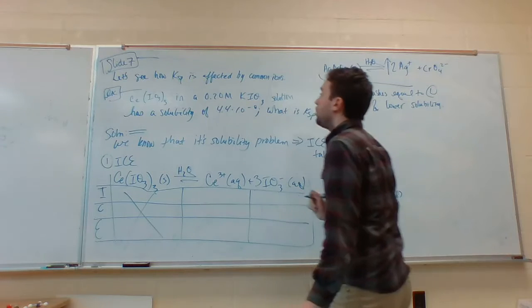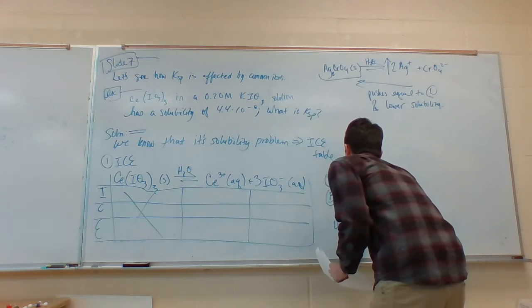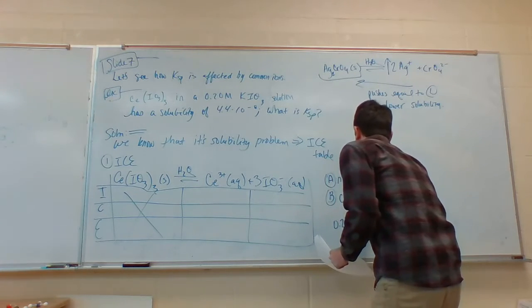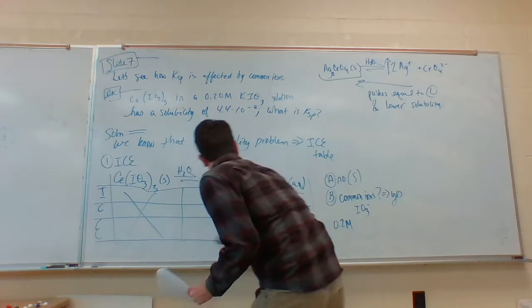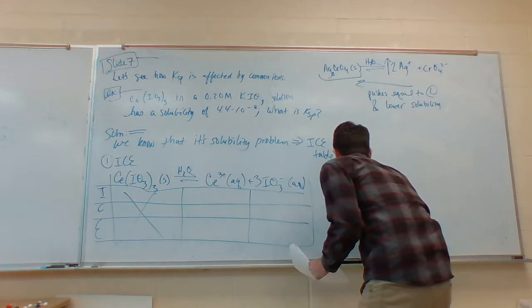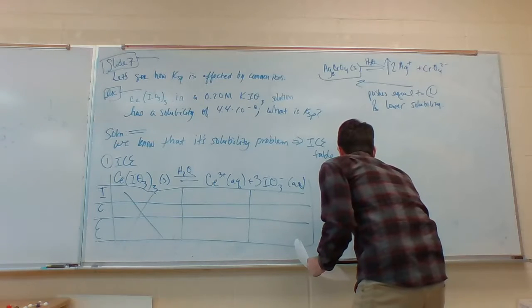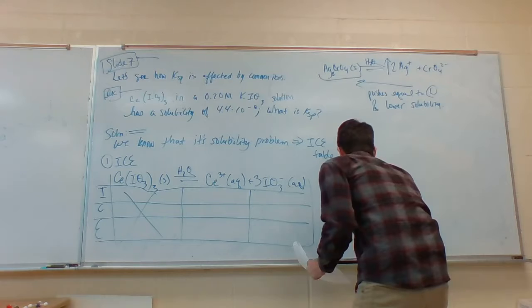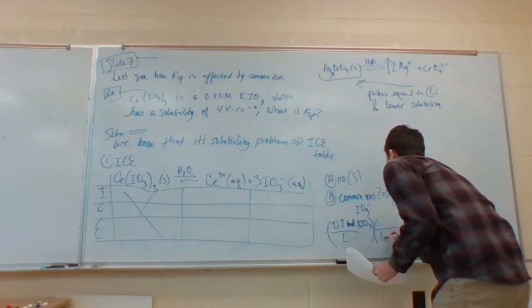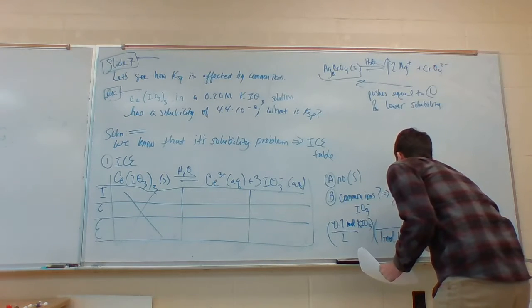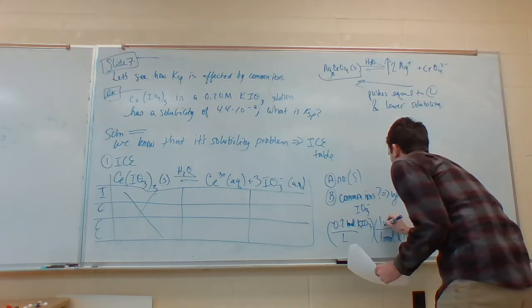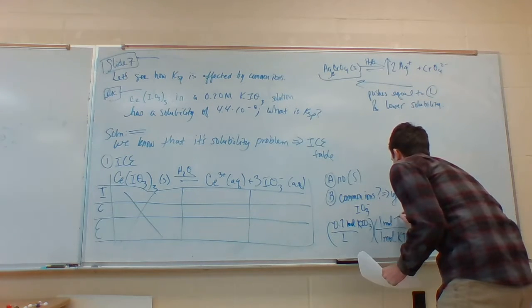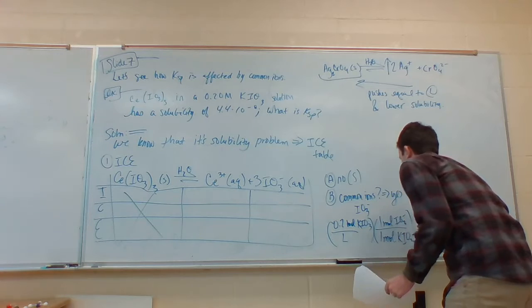Okay, now, we have 0.2 molar, so that's moles per liter. Moles of potassium iodate per liter of solution. And for every 1 mole of potassium iodate that we add, we are going to get 1 mole of iodate ion in solution.